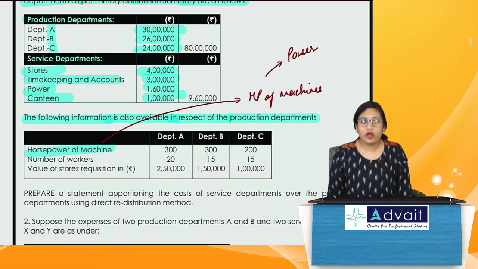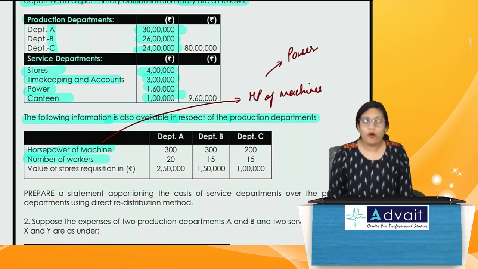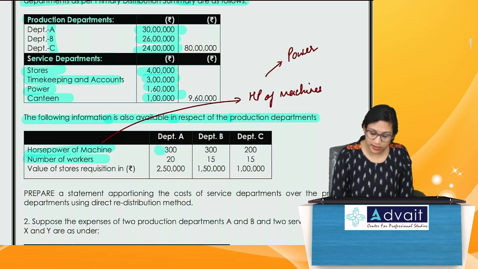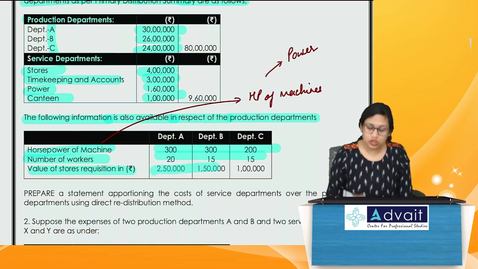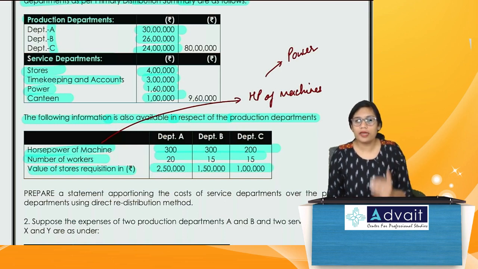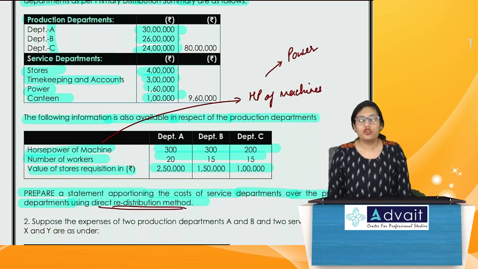Number of workers have been given for each of the 3 departments, A, B, C. Value of stores requisition has also been given for the 3 departments. Prepare a statement apportioning the cost of service departments over the production departments using direct redistribution method.